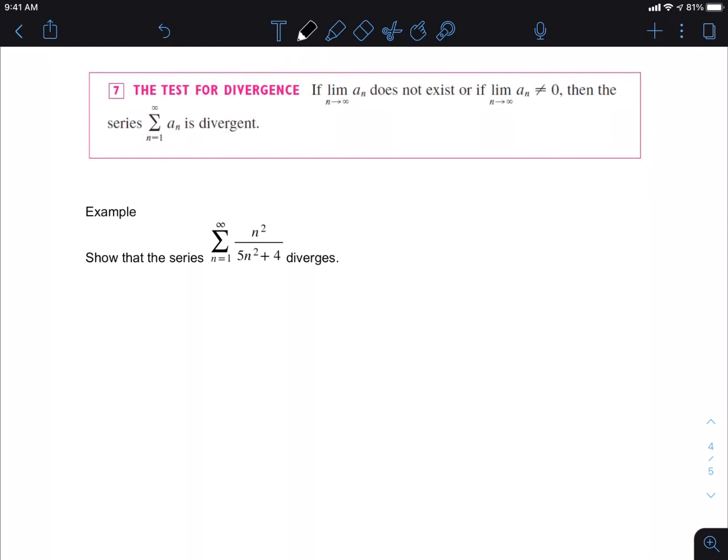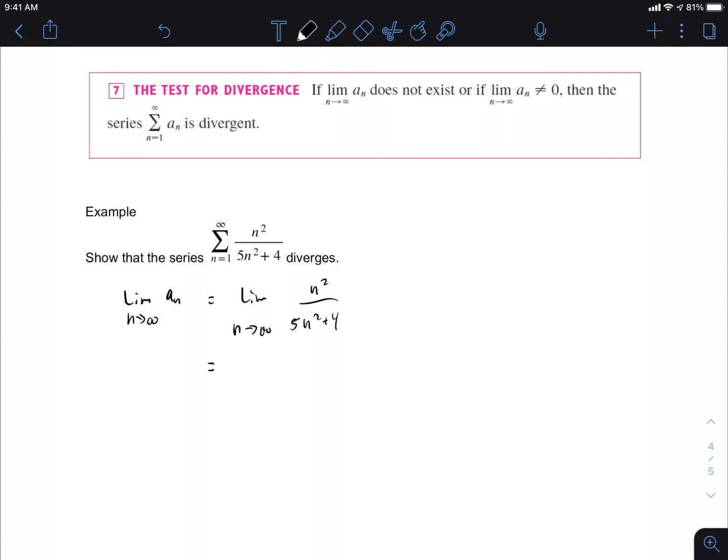So this is where it can get a little bit confusing for you in how you test. When you take the limit as n goes to infinity of our sequence, we're going to get the limit as n goes to infinity of n squared over 5n squared plus 4.